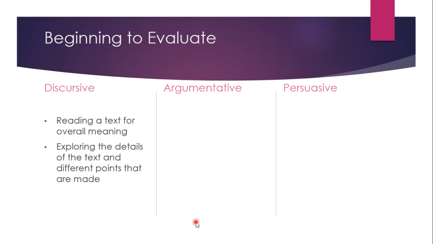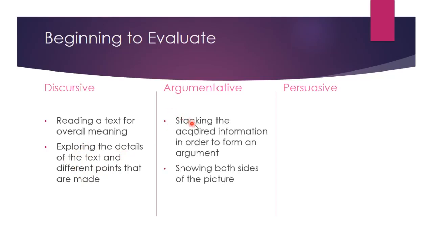In discursive, you will read the text, one text or two texts. In either manner, you're going to read the text for overall meaning, exploring the details of the text and different points that are made. In the next step, you're going to stack the acquired information in order to form an argument.